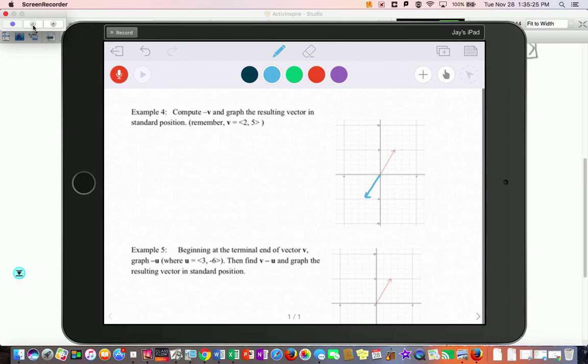It looks like I'm finishing at negative 2, negative 5. If I put a negative 1 in front of 2, 5 and multiply, I get negative 2, negative 5. So when you look at a negative vector, go in the opposite direction. Instead of going right and up, you're going to go left and down.